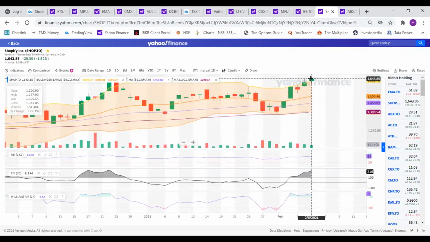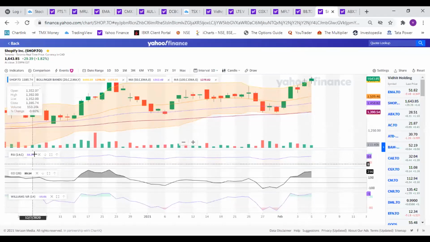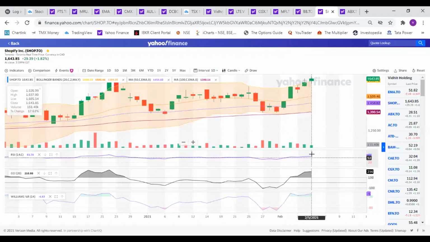Now look at the RSI value on these parameters: RSI, CCI and Williams R. When I touch it over here, RSI is at 63.78, CCI is at 216, which is the second indicator, and the bottom indicator is Williams R, which is at minus 4.8.